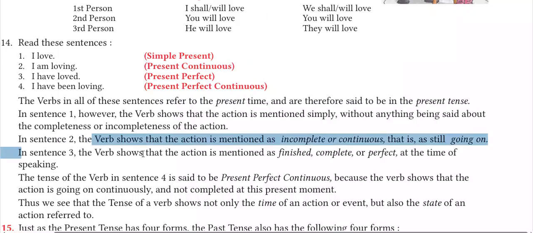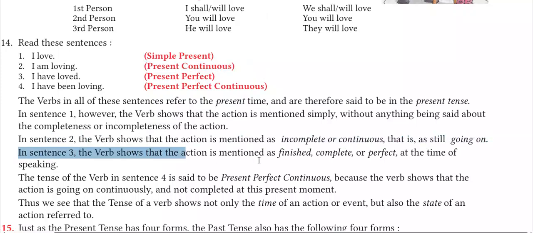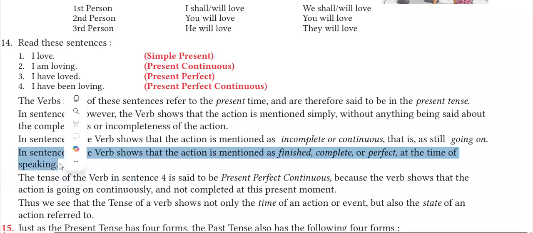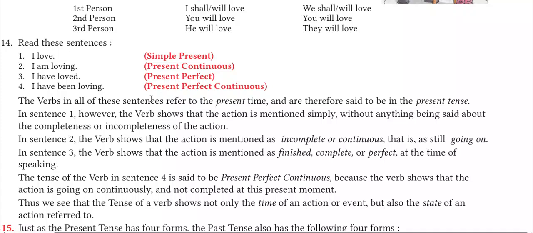In sentence number 3, the verb shows that the action is mentioned as finished, complete, and perfect at the time of speaking. So the word perfect shows that this action is completed in the recent time. When any action is completed in the recent time and it has got some connectivity with the present time, it will be discussed using present perfect tense, right?